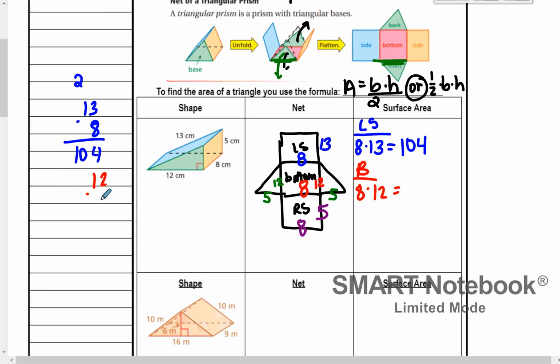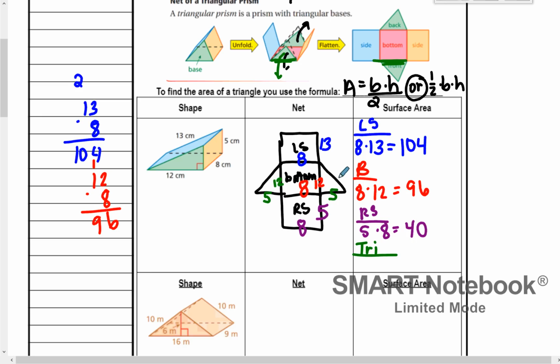If we're not sure, we can do 8 times 12 to get 96. We have our right side, which is 5 times 8. We should know that fact. That would be 40. And then we have our triangles.